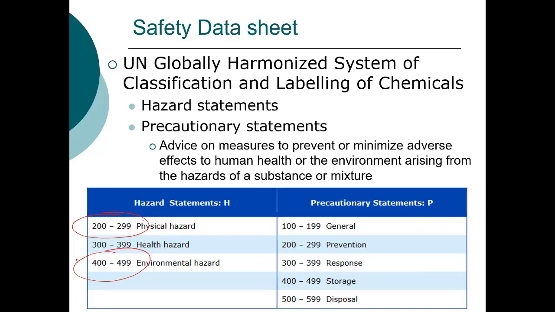The precautionary statements provide you with information on how to prevent or minimize adverse effects to human health or the environment from these hazards. So based on the physical hazard, it will provide you information on how to prevent exposure, how to respond to a spill, how to store that chemical, and how to dispose of it.